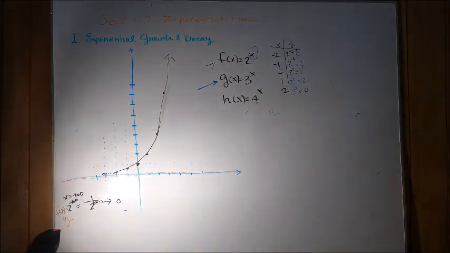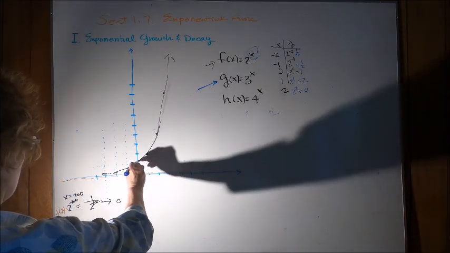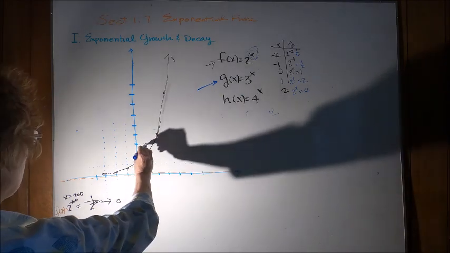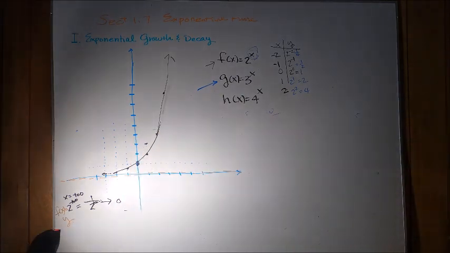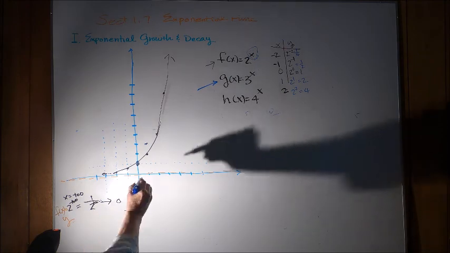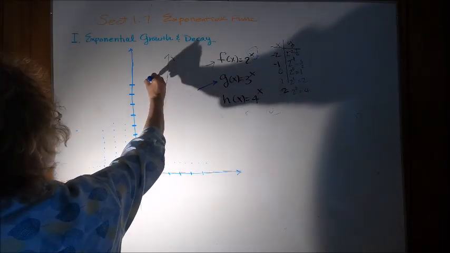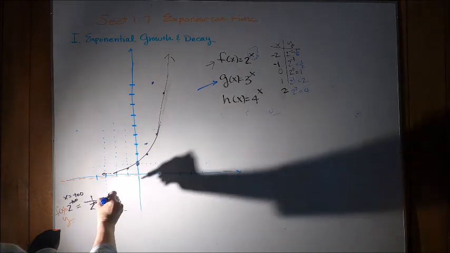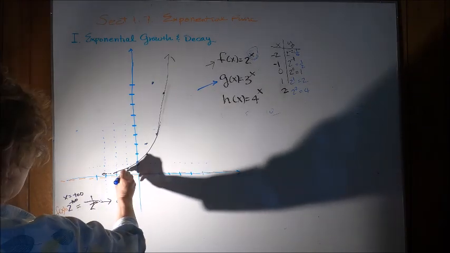Okay, 3 to the x power. So x is 0, y is 1; x is 1, y is 3; x is 2, would be 9. Then if it's negative 1, it's 1/3, the reciprocal.